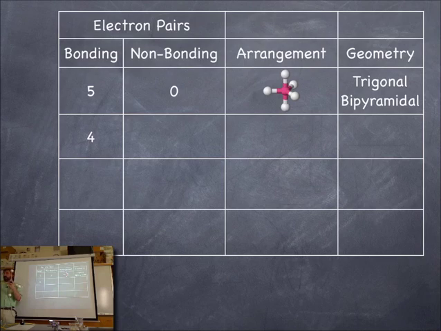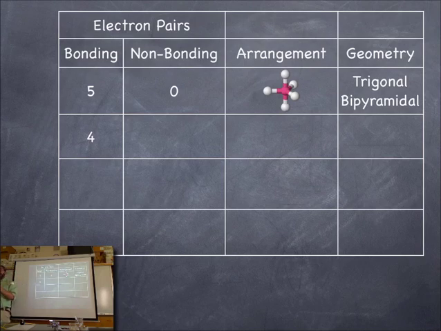Lone pairs take up more space, and the system is going to minimize that repulsion, right? So if I have lone pairs in this kind of structure, they're going to go in one of these 3 in the plane because they have better angles, okay?